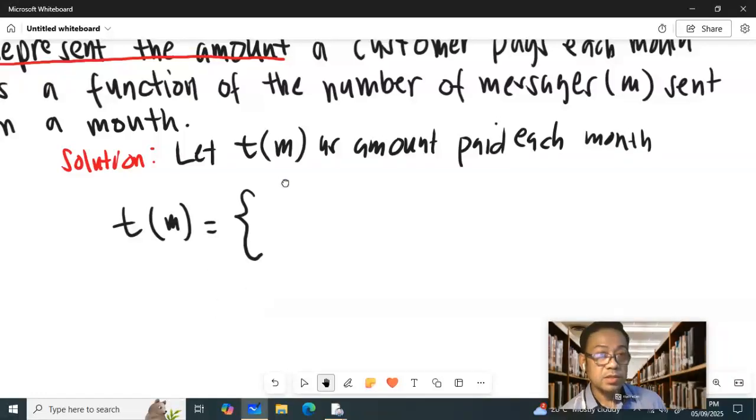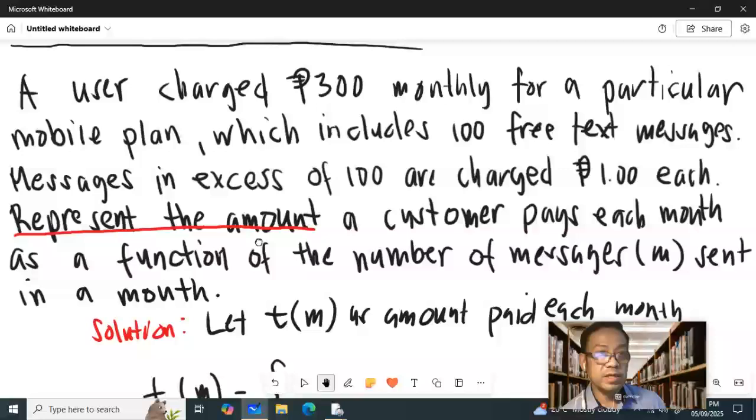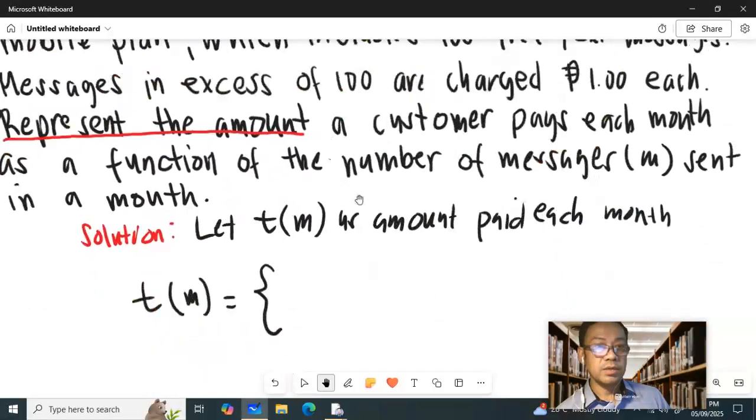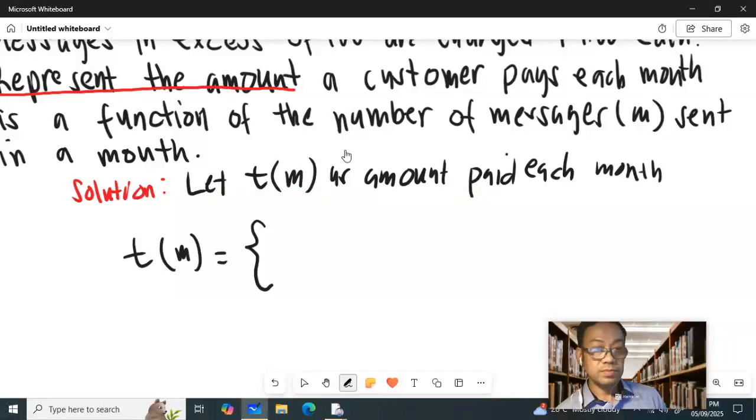So in the problem, we can read a user is charged 300 monthly for a particular mobile plan, which includes 100 free text messages. Okay, so here by default, our first equation will be 300. So in a month, there is a charge of 300 monthly.